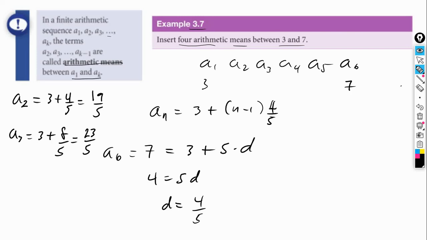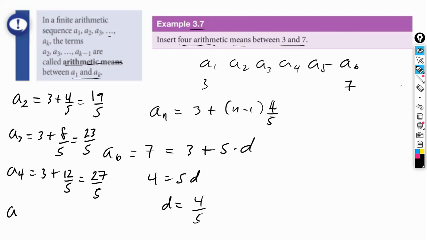On the next one, it's going to be the fourth term. So that would be 3 plus 3 times 4/5, so 12/5. And this will give us 27/5. And then finally, we need the fourth arithmetic mean here.